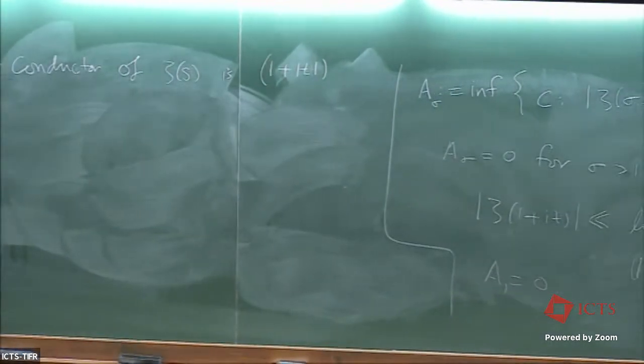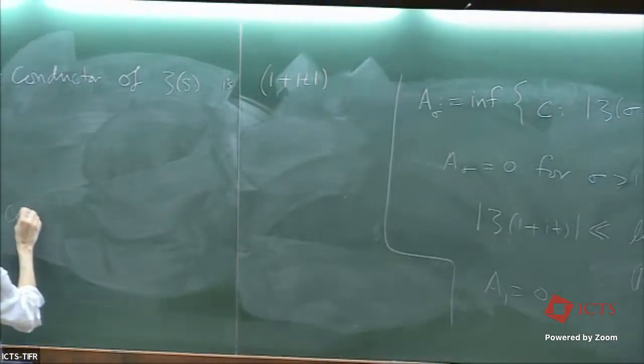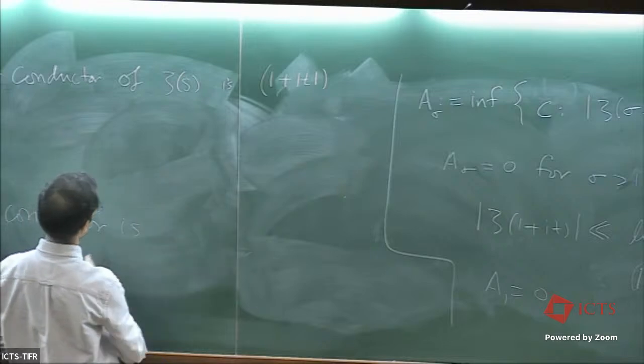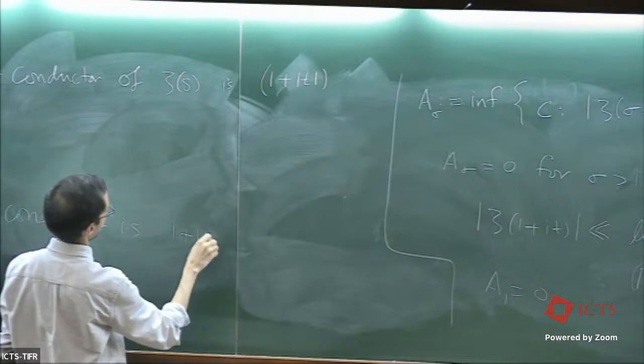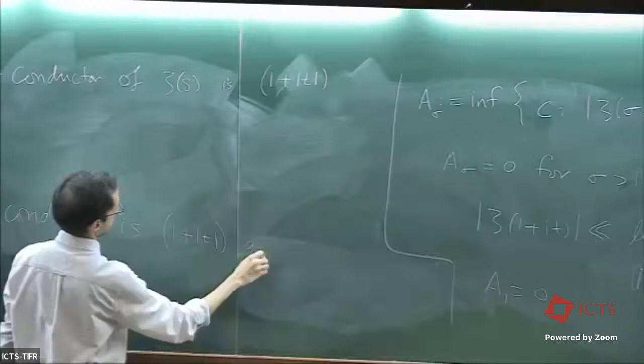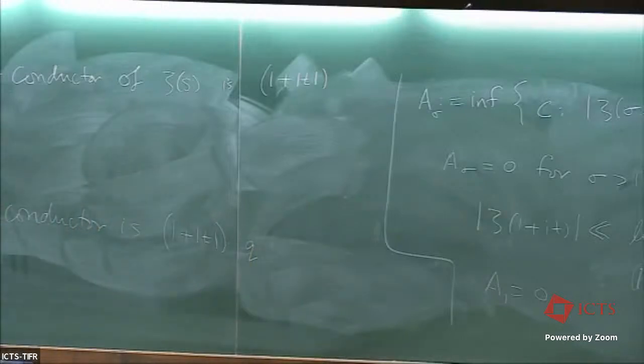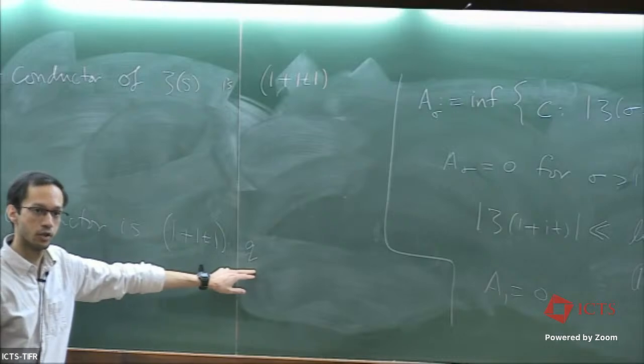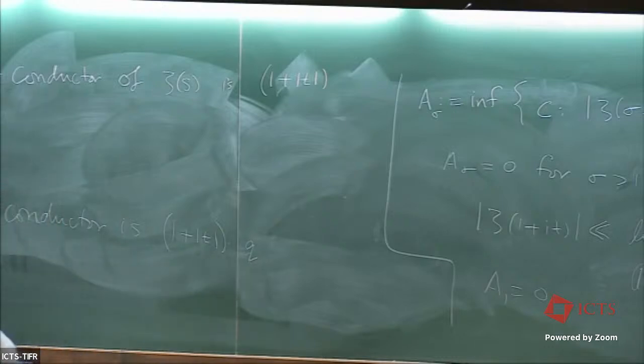And the conductor of L of s chi is going to be the product of the Archimedean and the non-Archimedean parts. So it's going to be the product of the it part. So if you also let t go to infinity, so you get this, and the q is capturing the level of your Dirichlet character. Okay.